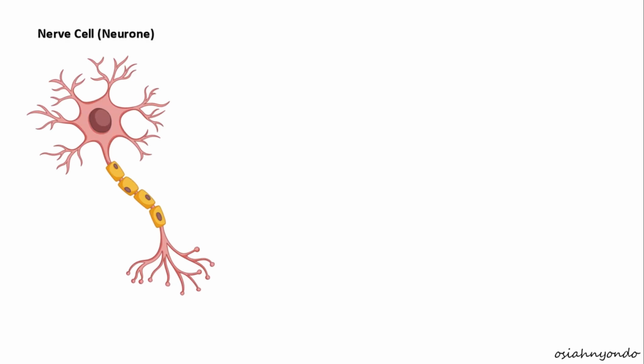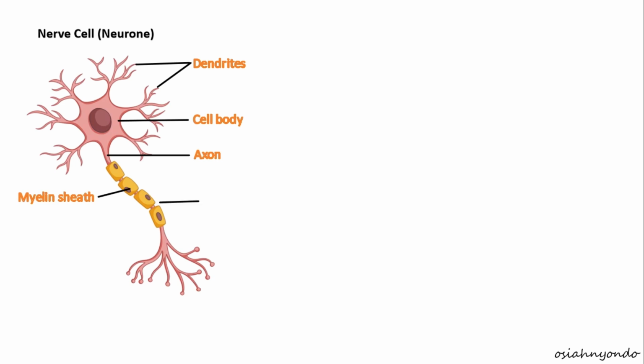Nerve cell, also known as a neuron. We'll begin with the structural part of this cell. The first one, the dendrites, the cell body, the axon, the myelin sheath, node of Ranvier, and the synaptic knob.